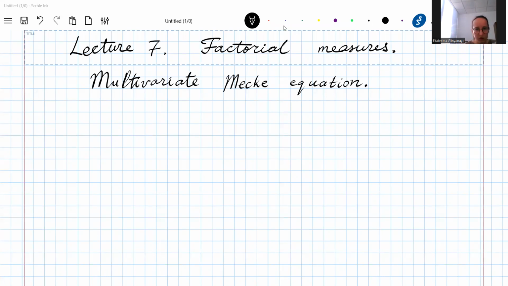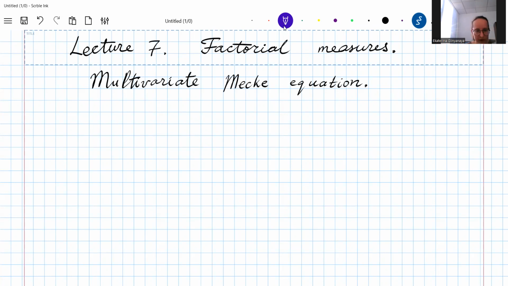We defined so-called factorial measures, or factorial products, of a point process. Since we consider a point process as a random measure, we defined the factorial measures of it. So let me recall how it looks.